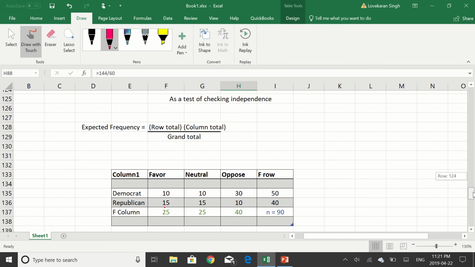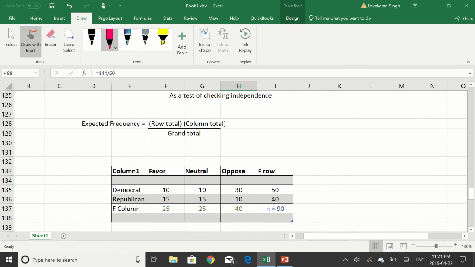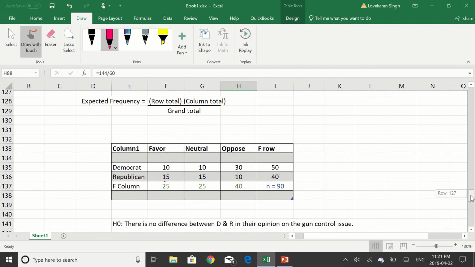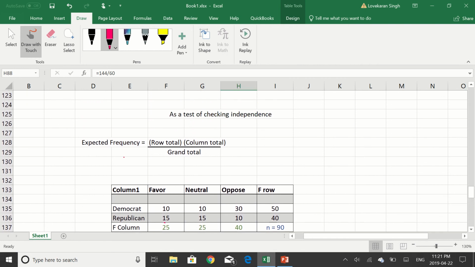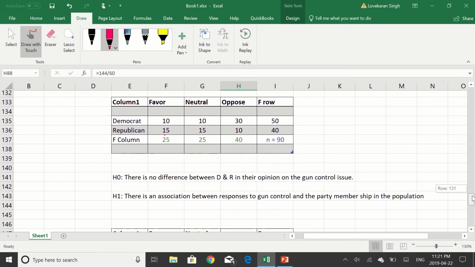Moving further, we will do the test of checking independence. For checking independence, we have to find the expected frequency in a different way. The formula is: row total multiplied by column total, divided by grand total. Here is our data and our null hypothesis.